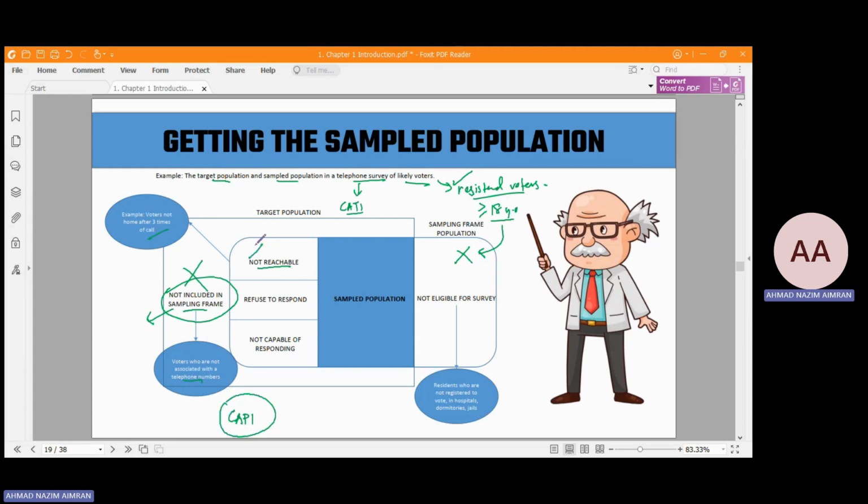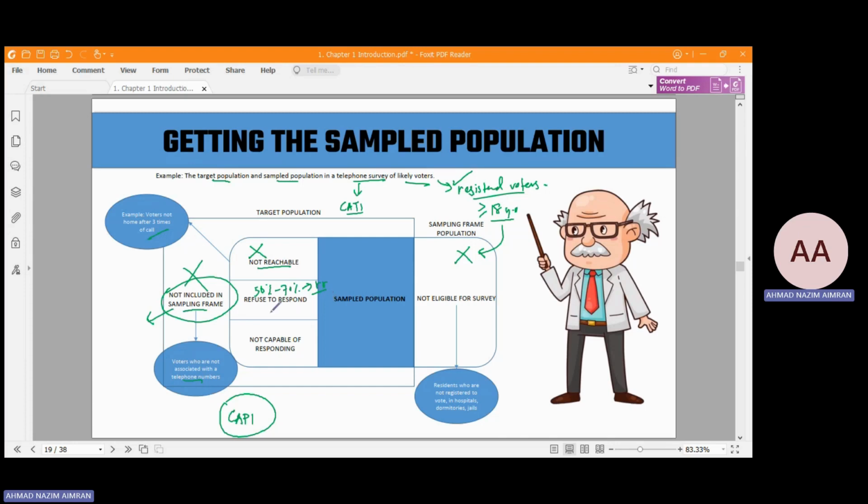So this will not become the sample population. And in Malaysia, usually the response rate for national level studies is between 50% to 70%. This is the response rate. The response rate is usually low in urban areas.